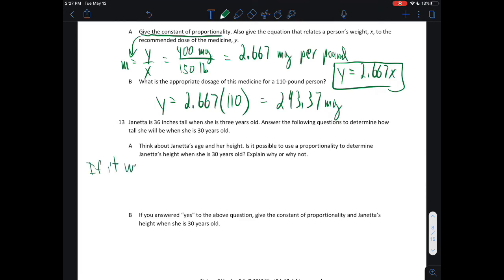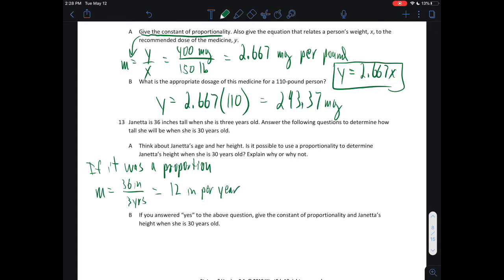If it was a proportion, then you would say that the constant of proportionality would be, she's 36 inches tall when she's 3 years old, which means 12 inches per year.